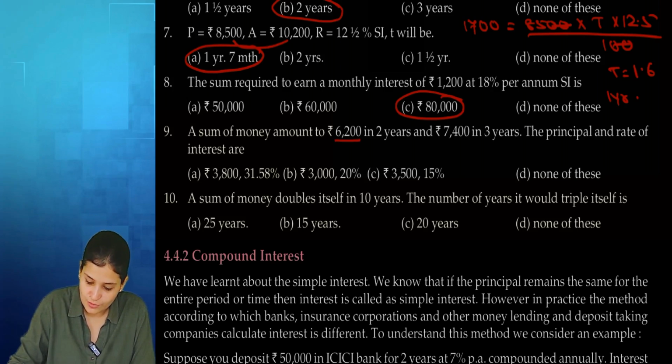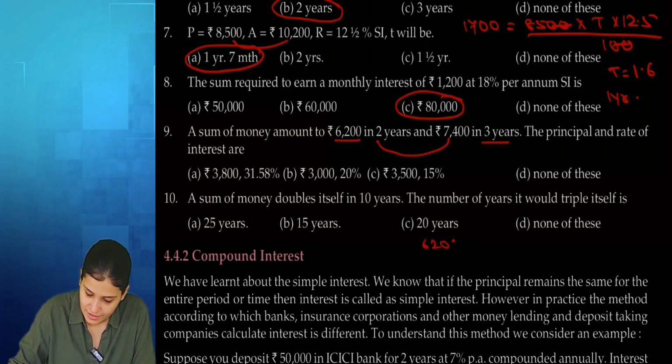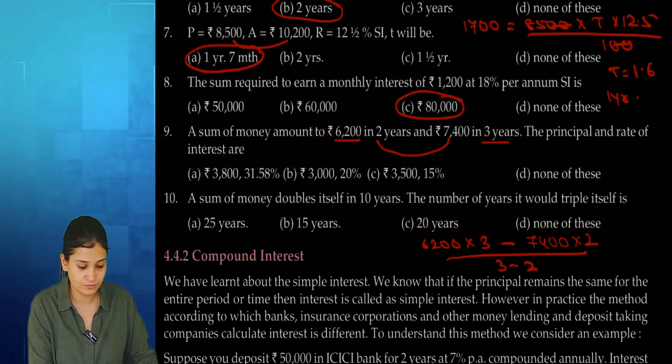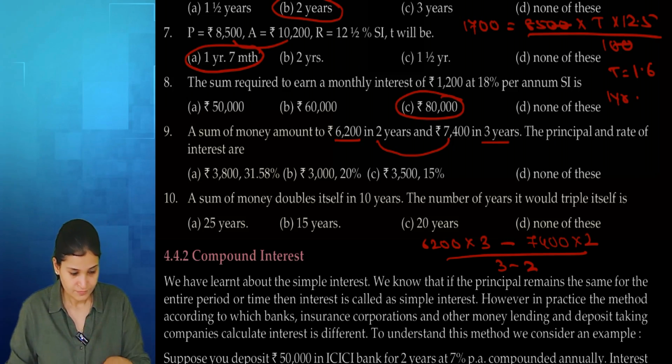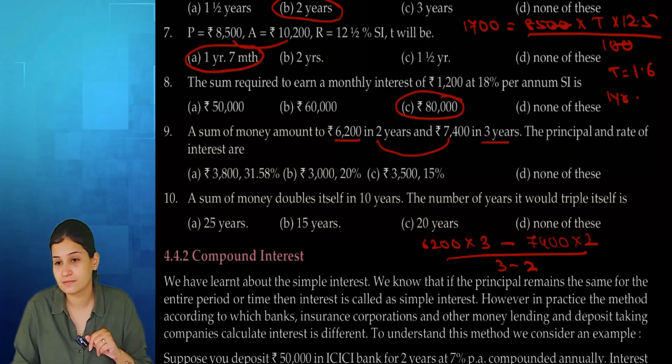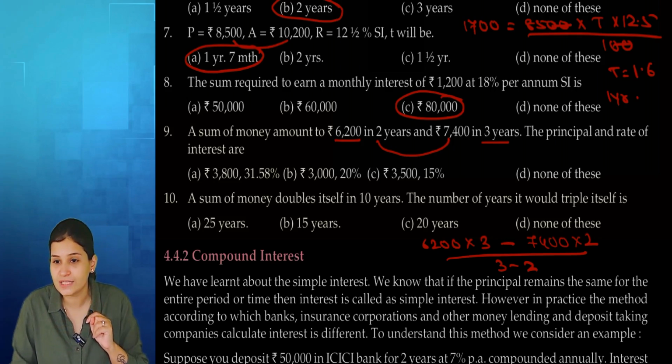So 6,200 into 3 minus 7,400 into 2, divided by the time 3 minus 2. Answer A. But there is also none of these. We got 3,800, that means the principal is 3,800. But if the rate doesn't match, then the answer would be none of these.